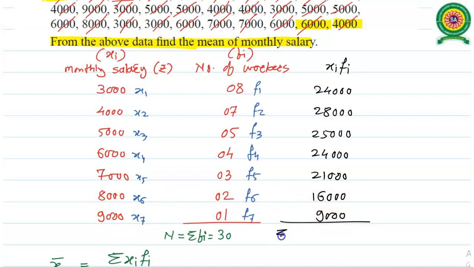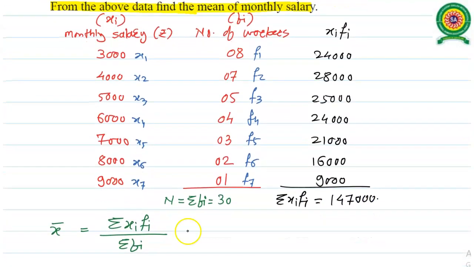Let us add up now, so that we get the value for the sum of xi fi, that is 1,47,000. Now to evaluate the mean, 1,47,000 is the total monthly salary of all 30 workers, so we are evaluating the average.